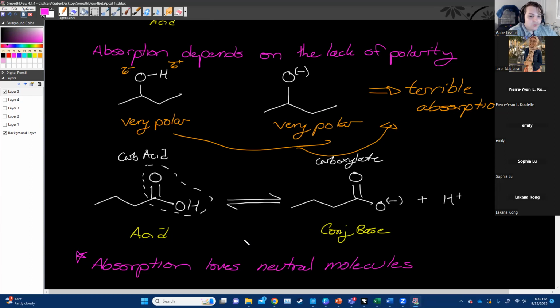So if you had to tattoo one thing on your hand for the exam, it's that absorption loves neutral things. The reason is because of the two forms, the neutral or the ionized form, even though it's an acid, the fact that it's an acid has nothing to do with absorption. Absolutely nothing. It's crazy, right?